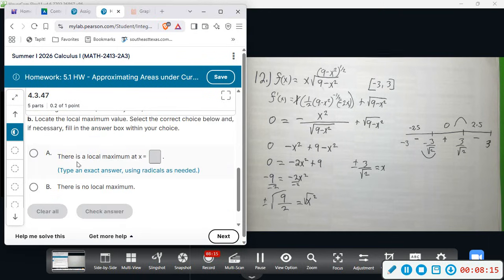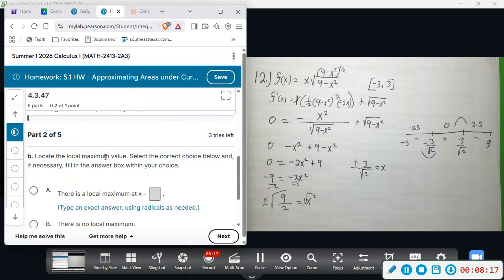All right, the next part, it says to locate the local maximum value and select it. So there is a local maximum when x is equal to the +3 over square root of 2.